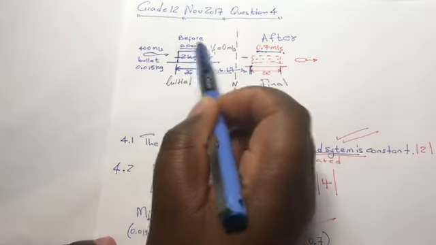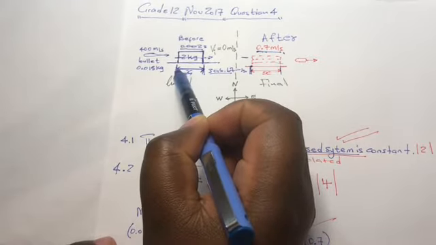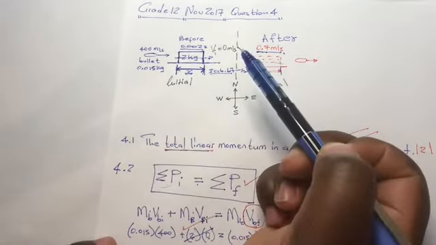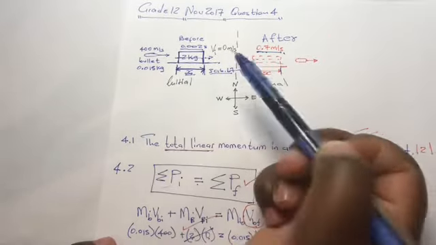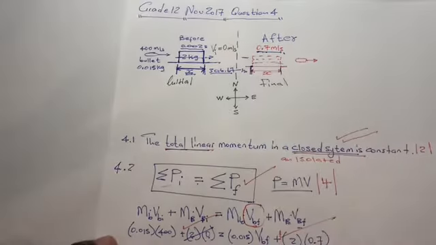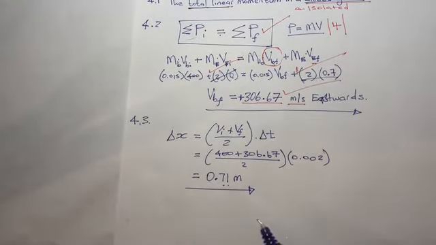So since it took that time, we will be able to calculate how long that block is, which is referred to as x. We've calculated that it's 0.71 meters.